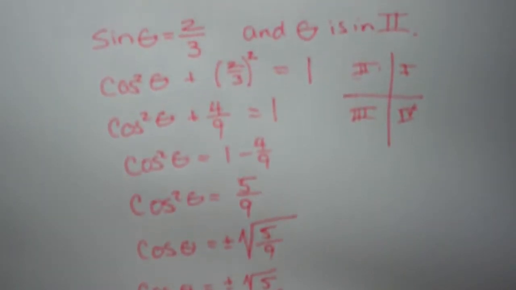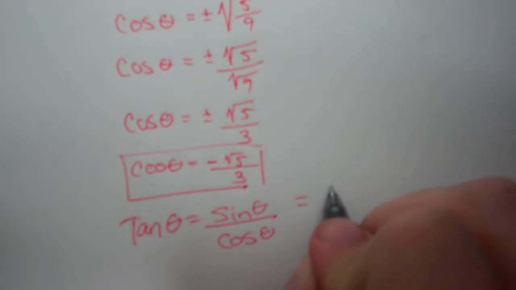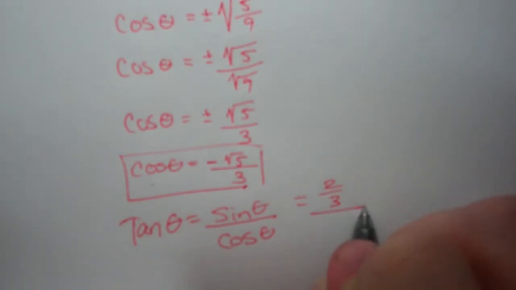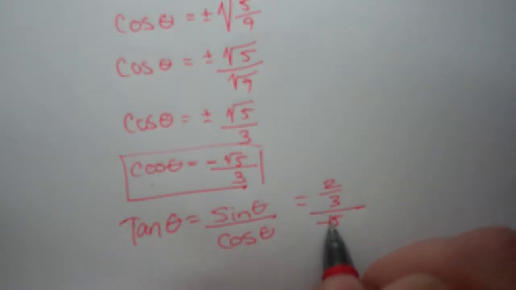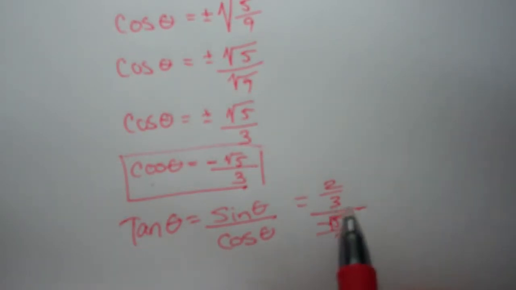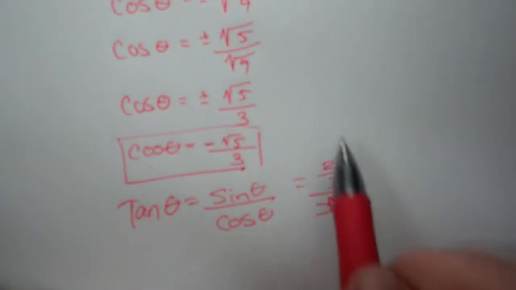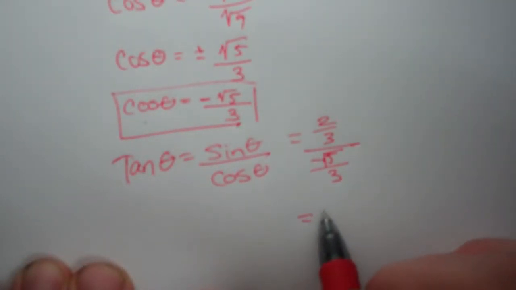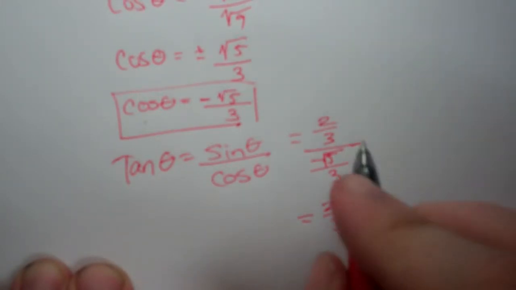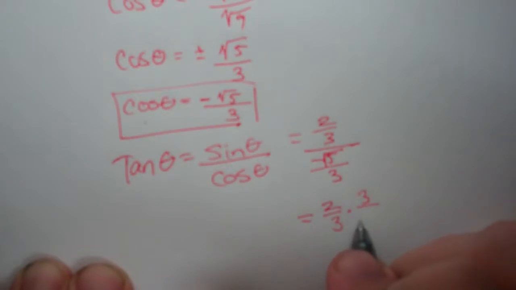The sine of theta is 2/3 right there. So I'm going to put in 2/3 over, what did we get for the cosine of theta? That's right here, negative radical 5 over 3. I'm dividing two fractions. What do we do when we divide two fractions? We multiply by the reciprocal. So this is 2/3 times 3 over negative radical 5.